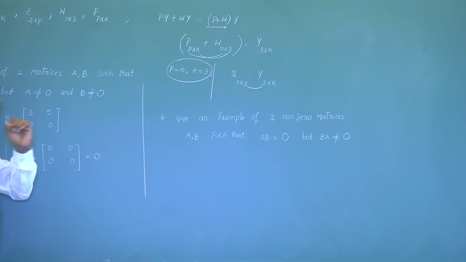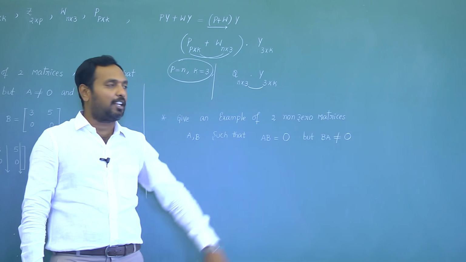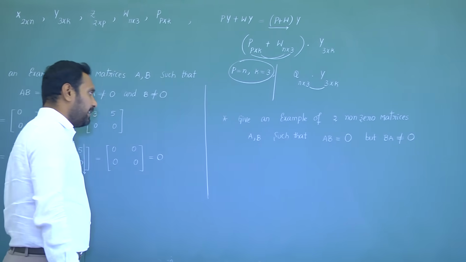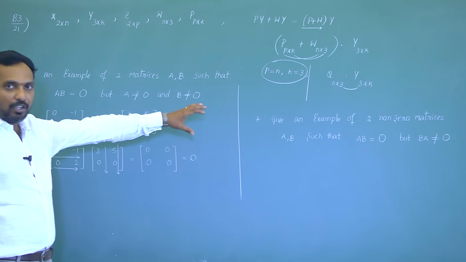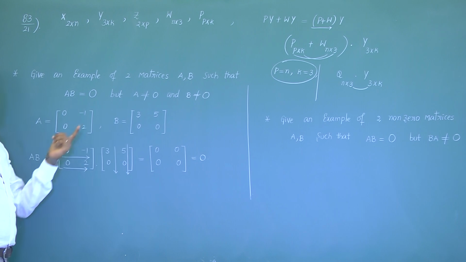This means if you take the product of two non-zero matrices, from one side it should be a null matrix, from the other side it should not be a null matrix.